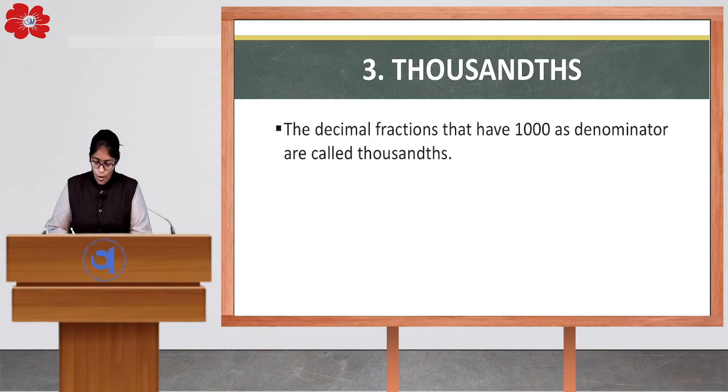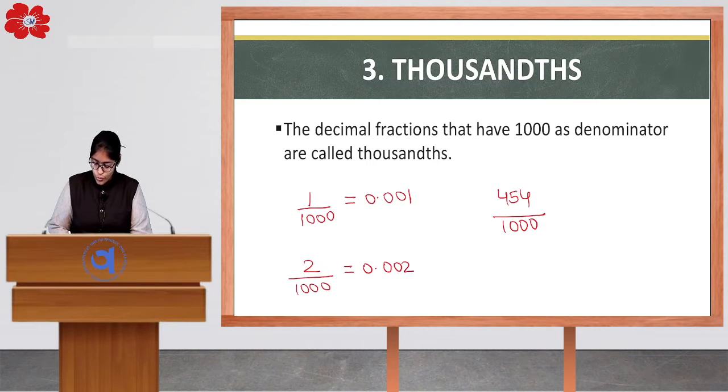For example, 1 by 1000, 2 by 1000, 454 by 1000, which can also be represented as 0.001, 0.002 and 0.454 respectively. So all these become thousandths.